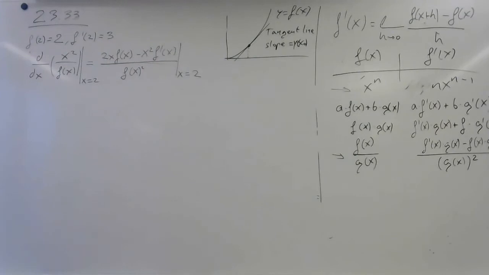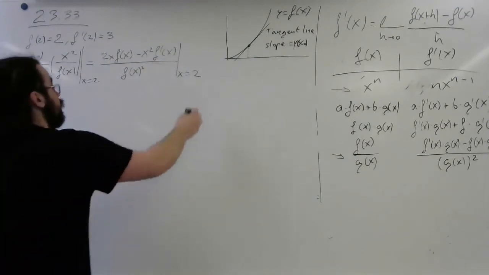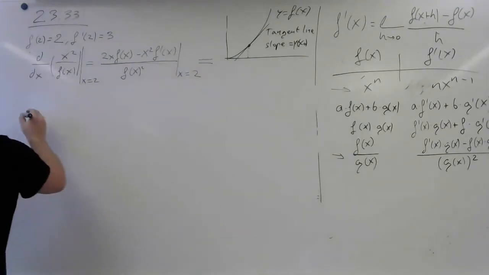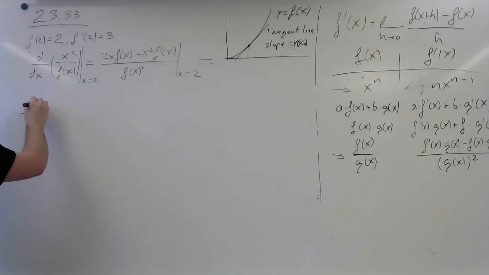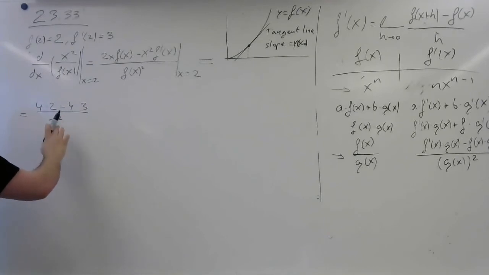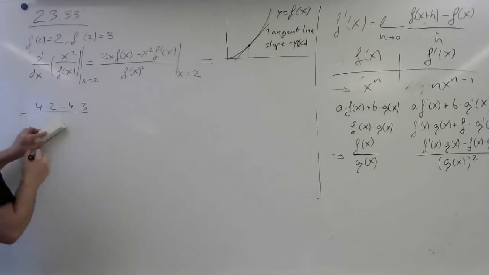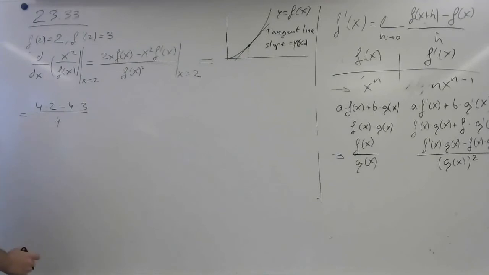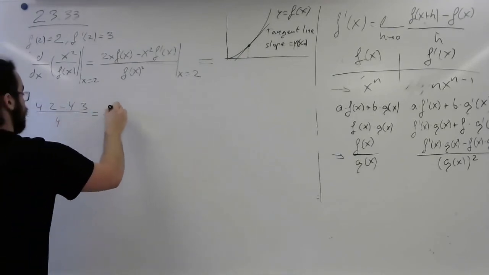Okay, now we have enough tools to calculate all this. We replace x with 2, and we have 4 times 2 minus 4 times 3, divided by 2 squared, which is 4. So 1, 2, 3, and this is minus 1.